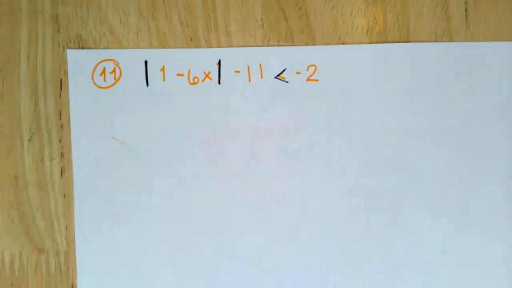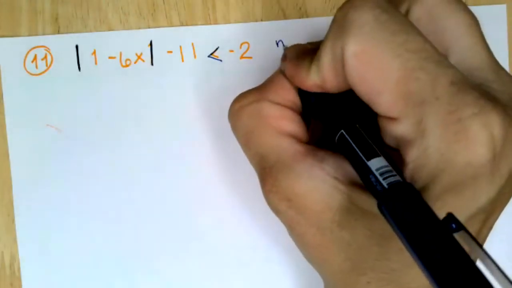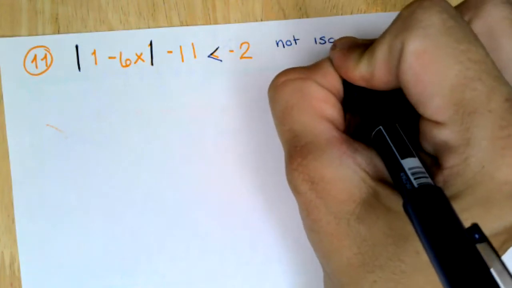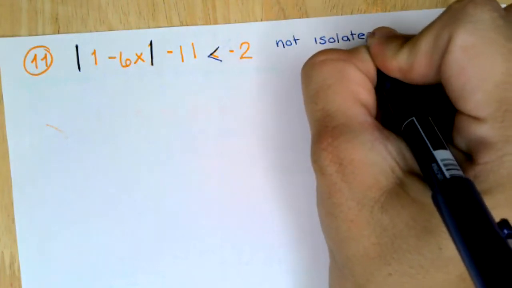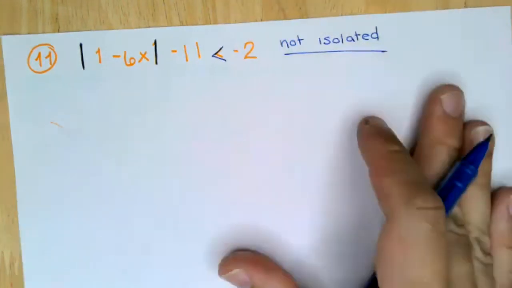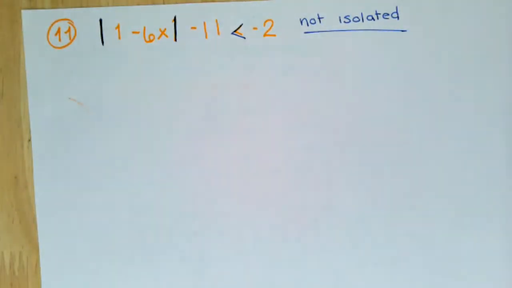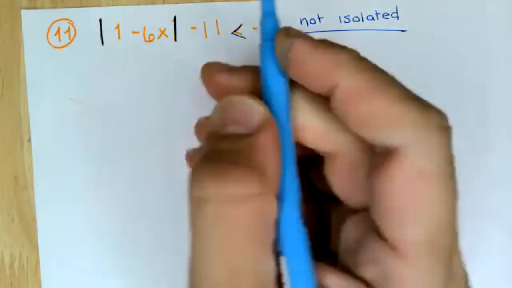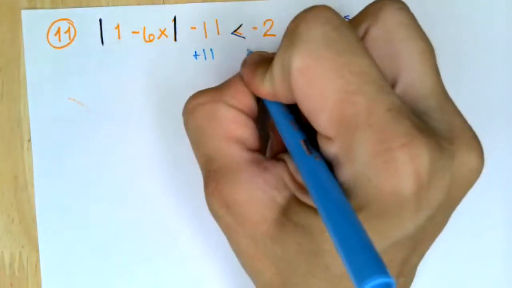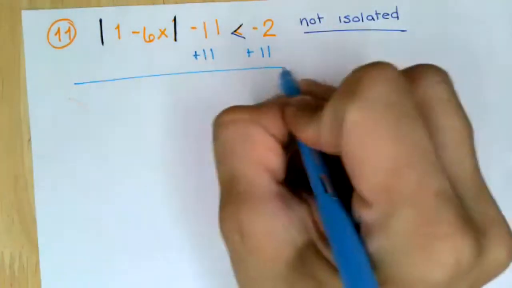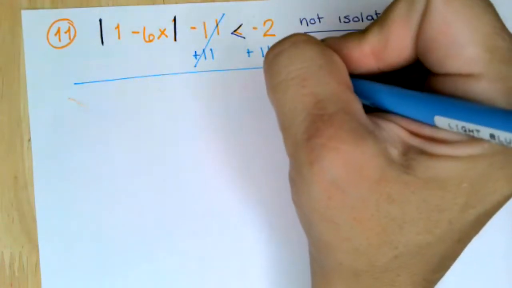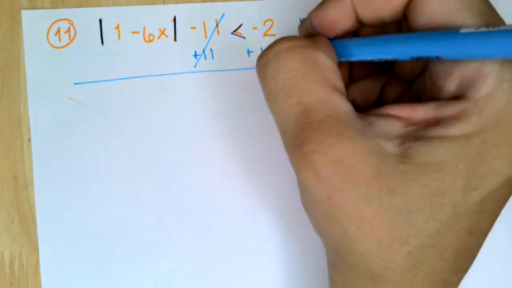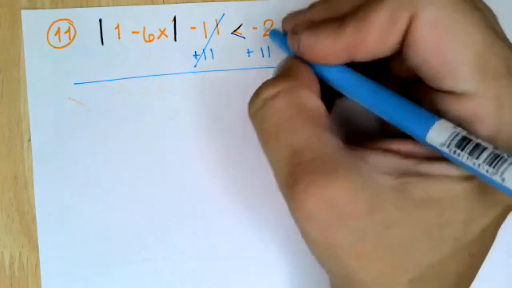All right. So first, this is not isolated, so you want to isolate it. We isolate it by getting rid of everything except this on this side. Add 11. I'm going to put it right under the -2 because they are like terms. So this is the same as 11 minus 2, which is 9.